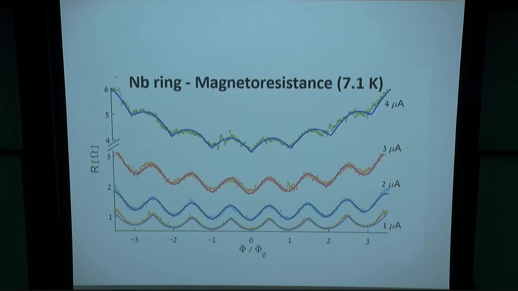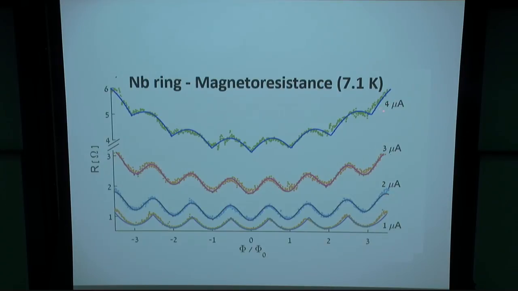The magnetoresistance near TC shows a very unusual behavior. At low bias current, and when I say low, I mean from 10 nanoamps up to around 1 microamp, we see a parabolic behavior, which is changing when we go to 2 microamps, 3 microamps. You see a kind of smeared or sinusoidal behavior of the magnetoresistance oscillations.